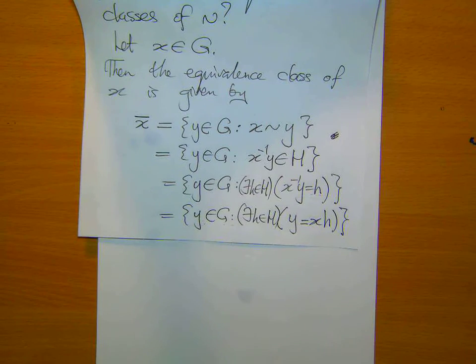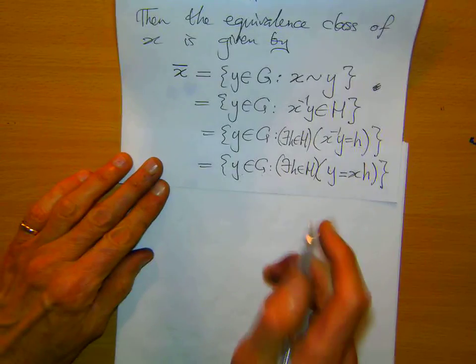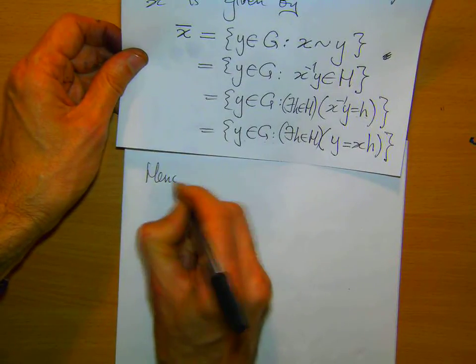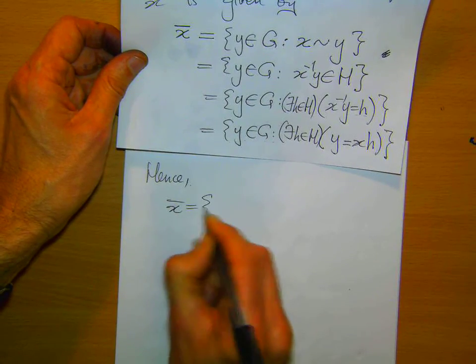And this thing is called a left coset. It's called the left coset containing X. So I'll just say that in a second. So let me just write this down again on the top of this page.